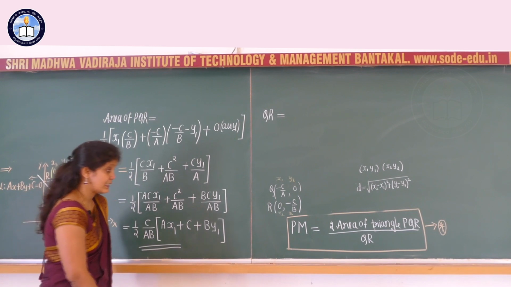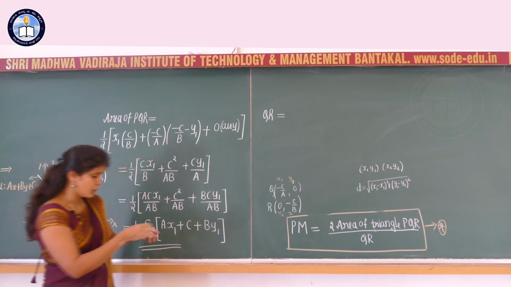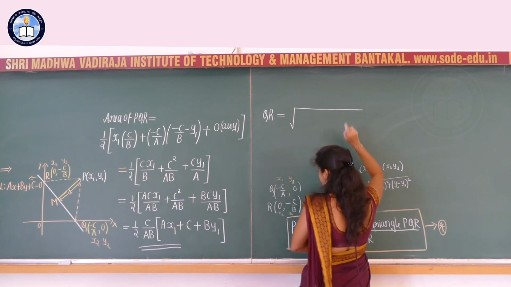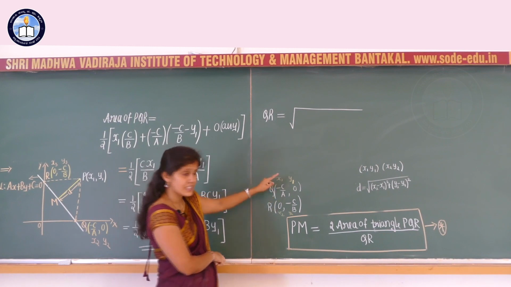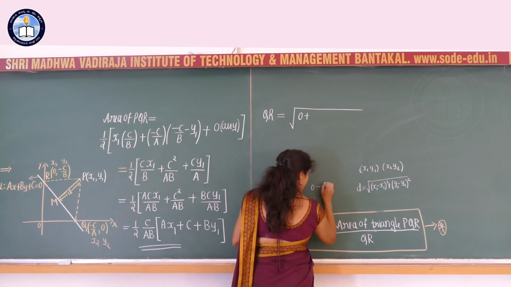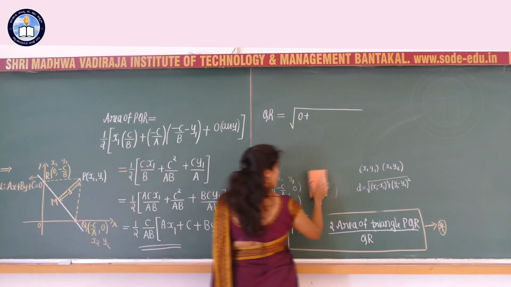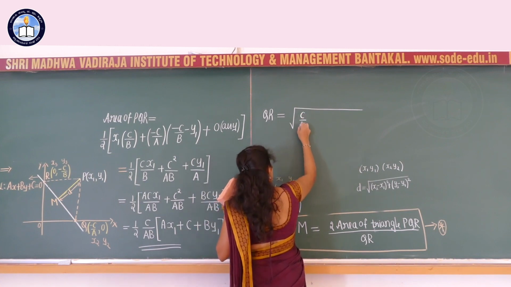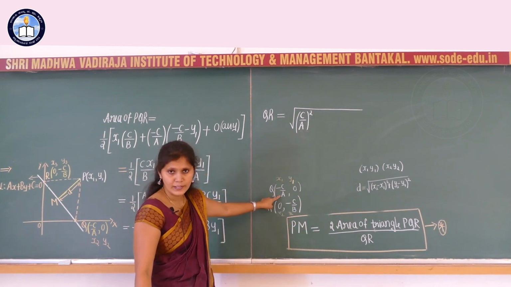So if we are considering x1 comma y1 and x2 comma y2, substitute in the distance formula, then distance between Q and R is equal to root of x2 minus x1, that is 0 minus of minus c by a. So minus of minus c by a, that is nothing but plus c divided by a. I will directly write the term, that is c divided by a whole square. This represents the first term, that is x2 minus x1 whole square.